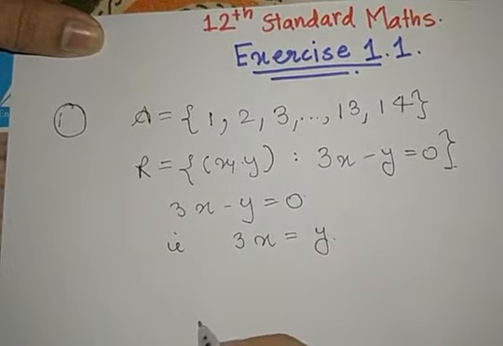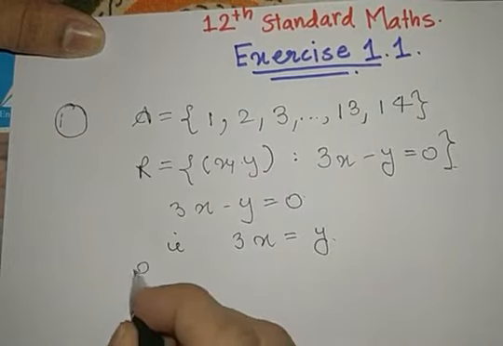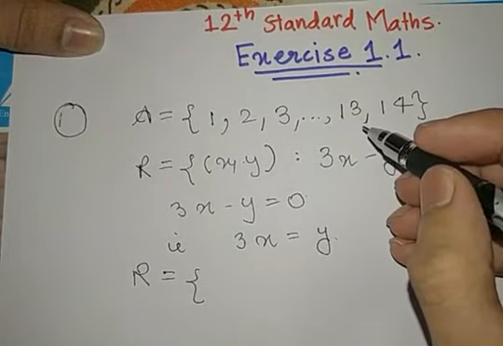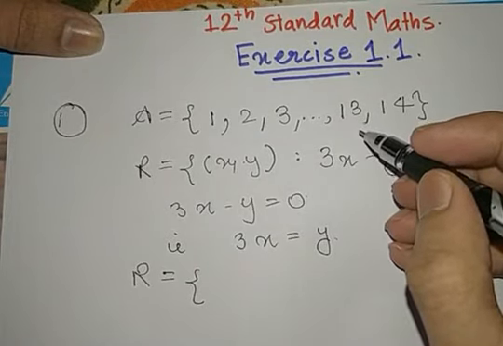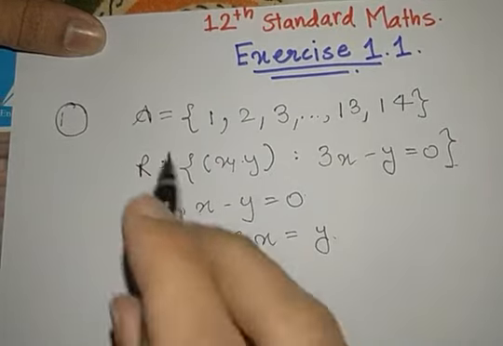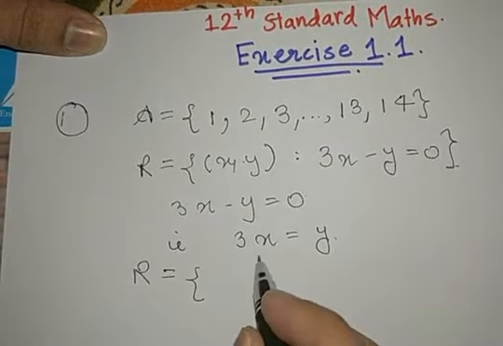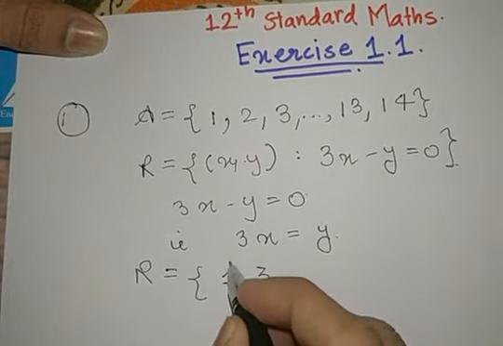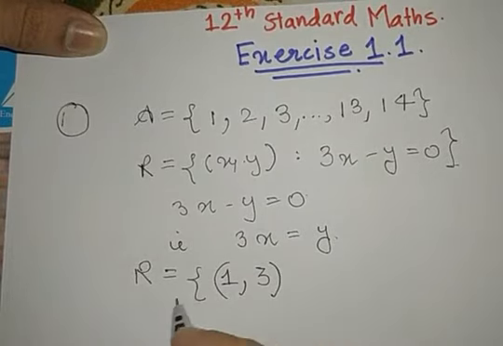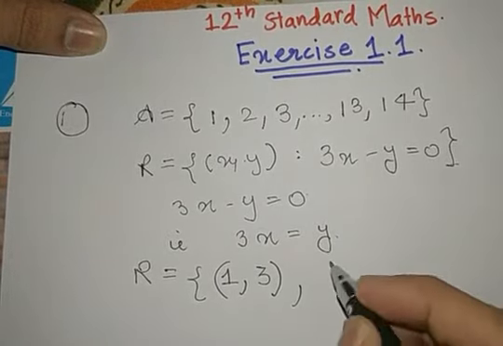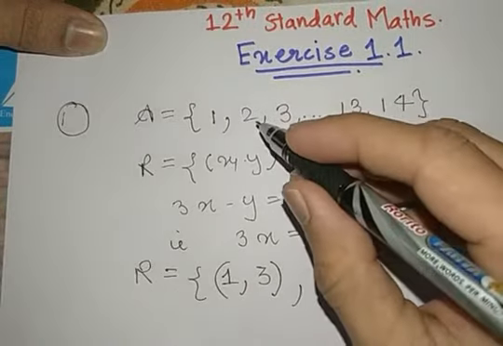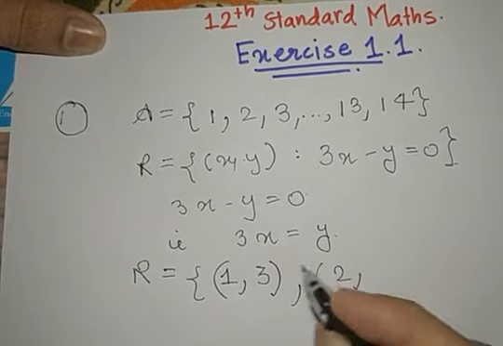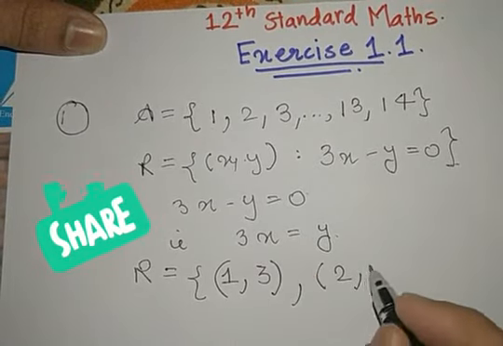Now if you look at the set R, that will be what? Now you have to take the elements from the set A. If you take x as 1, then you will get y as 3, right? So the element (1, 3) will be there in the set R. Then you take the next element 2. If x is equal to 2, you will get 3 multiplied by 2, that is 6.